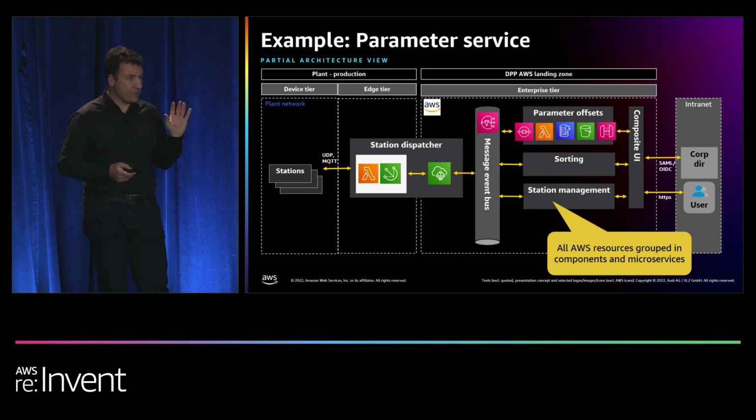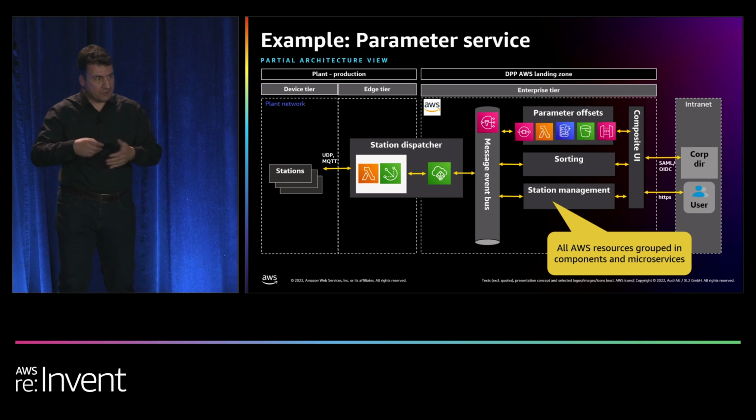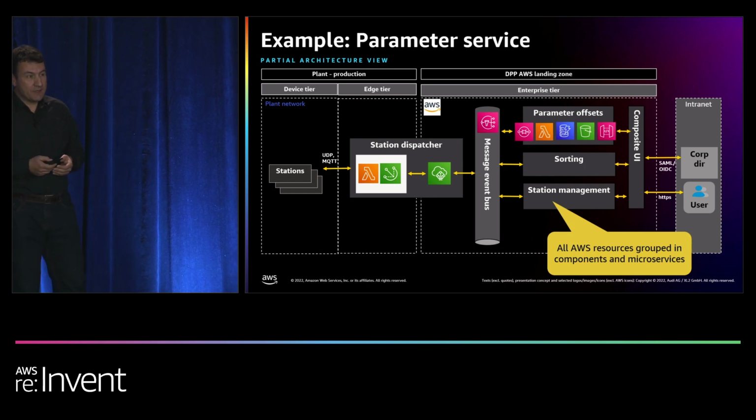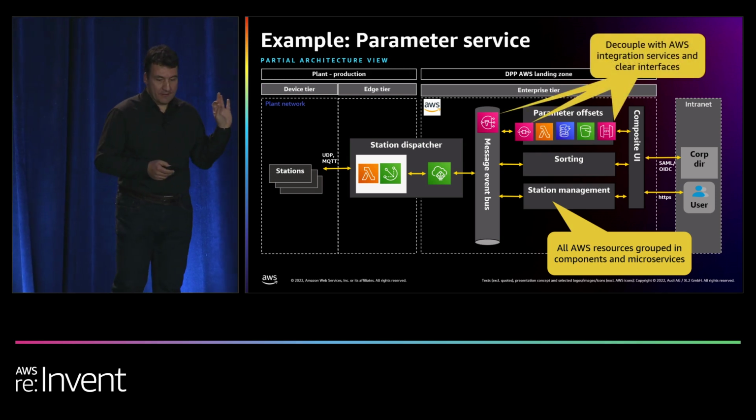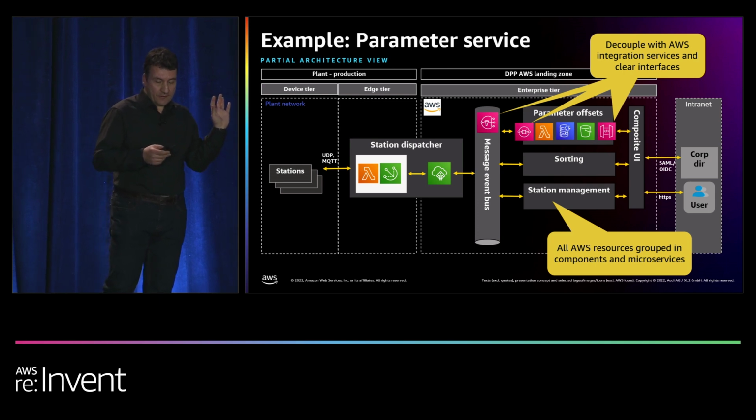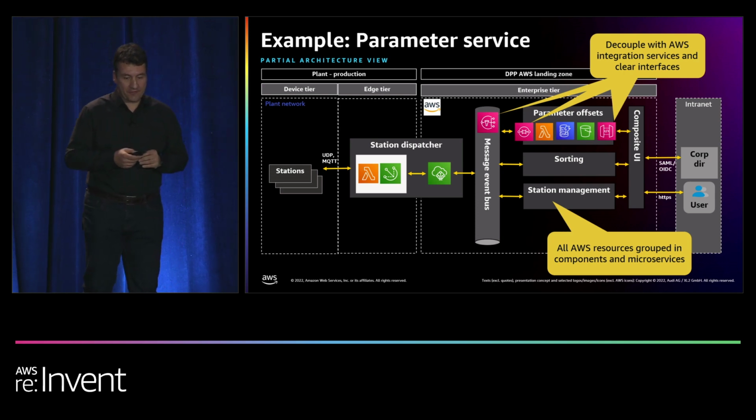And each of those components has its own CI/CD pipeline, its own CloudFormation stack, its own development life cycle, and could be independently deployed. And then we decouple those components with integration services.